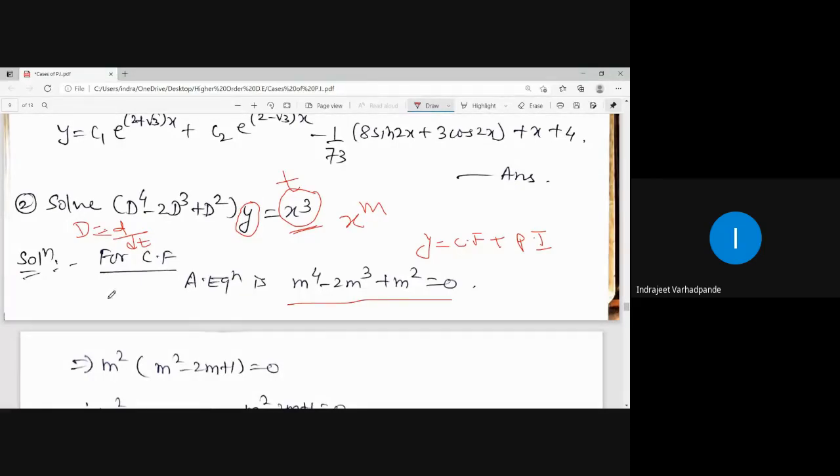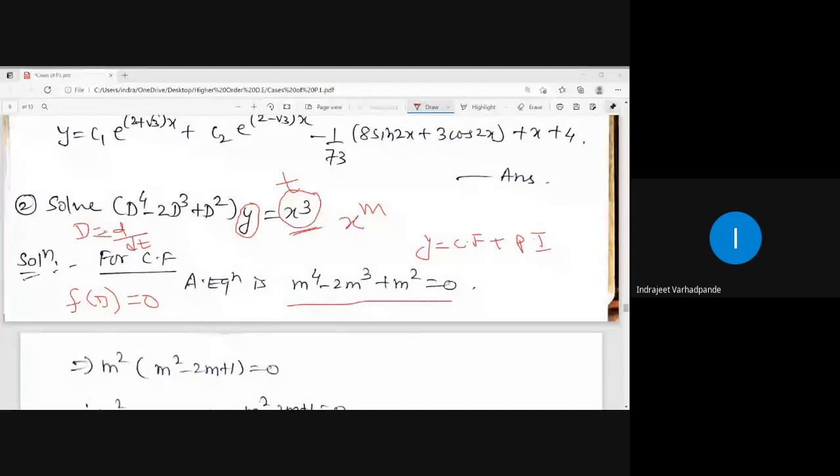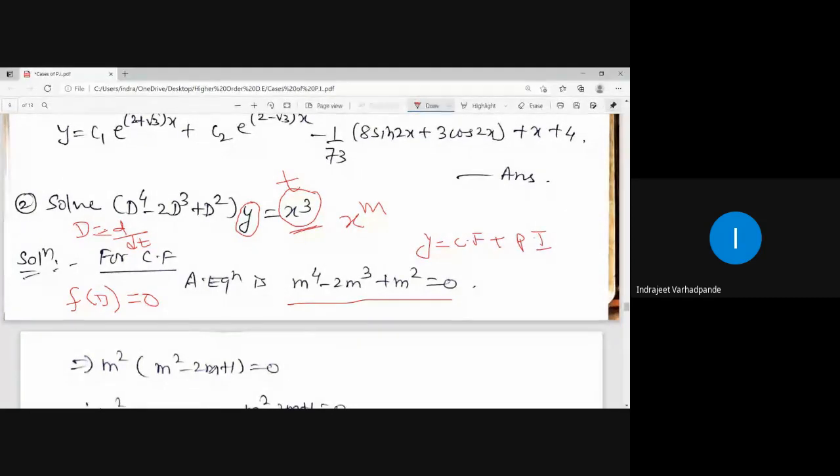The auxiliary equation is obtained by equating f of D equal to 0, replacing D with m. So everywhere in the given f of D I have to replace D by m. So this is m^4 - 2m^3 + m^2 = 0.